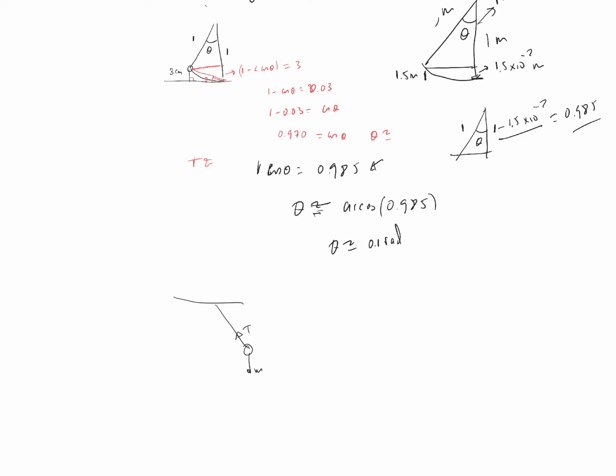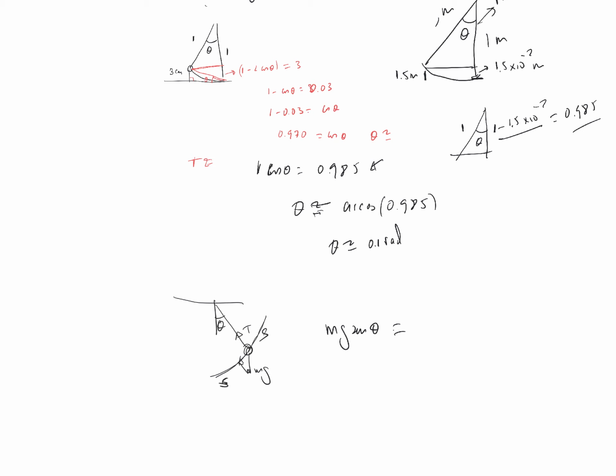This is mg. So the motion is here. This is mg, this is theta, and this is mg sine of theta. This is the force that exists in the s direction, the direction of the motion.